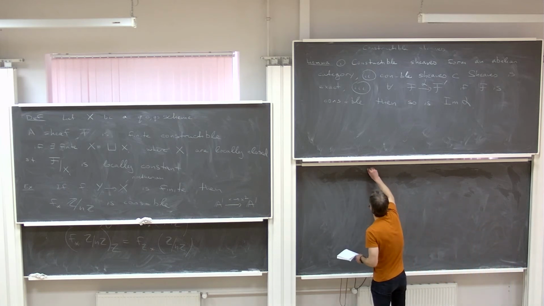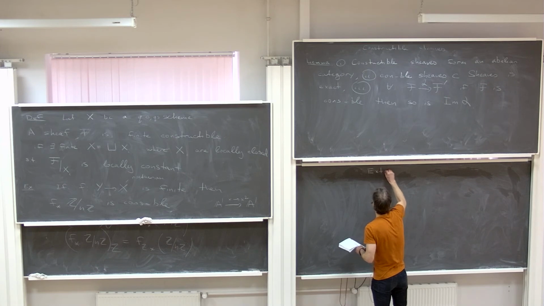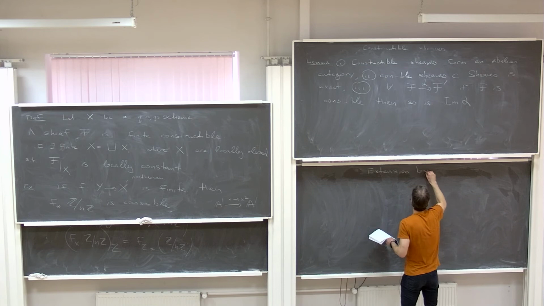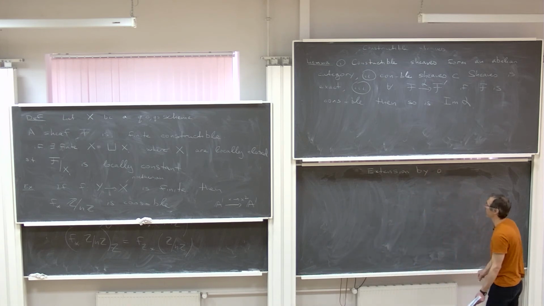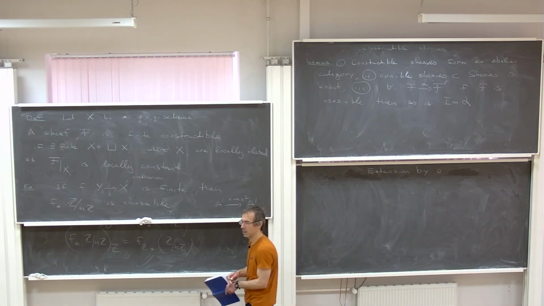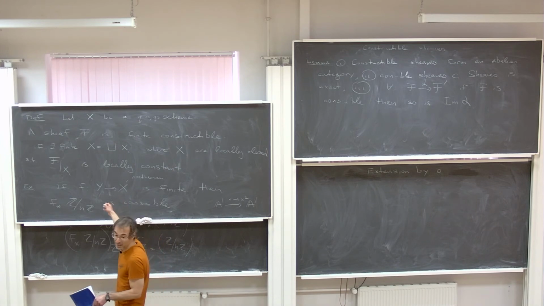So let's consider another functor, extension of sheaves by 0. Why is the statement that the direct image of a constructible sheaf is constructible not exactly this? Well, this is a finite morphism.